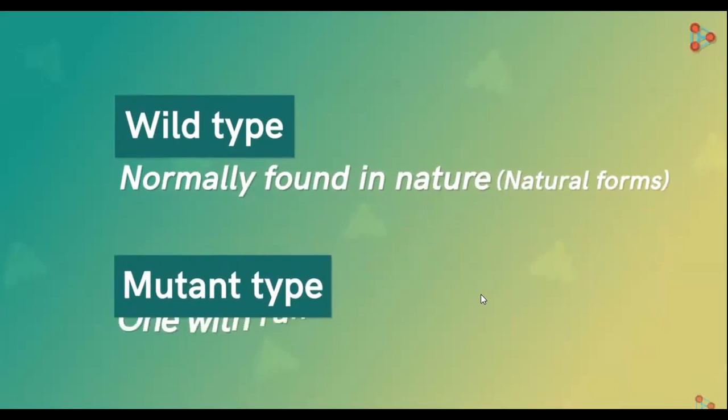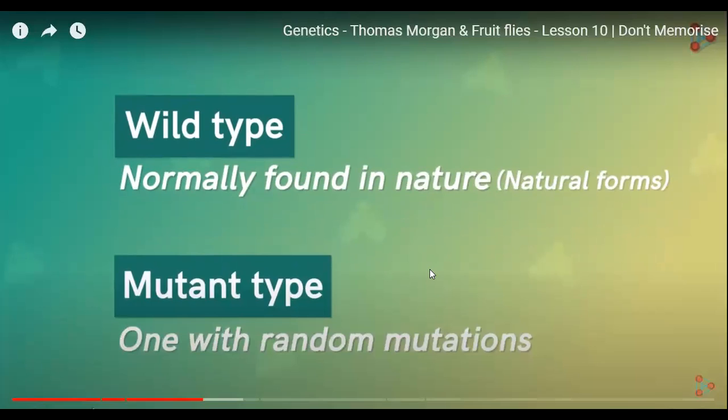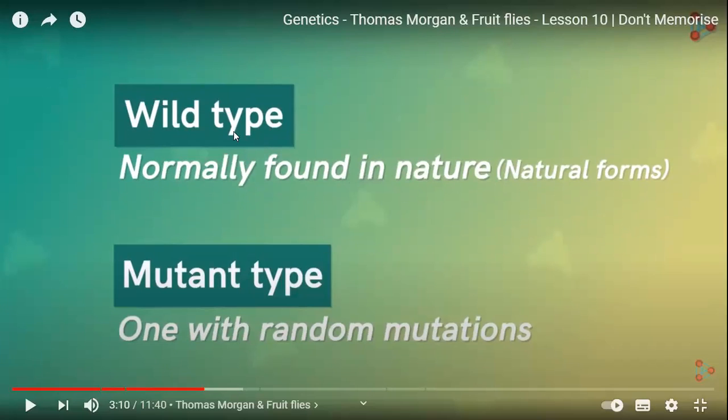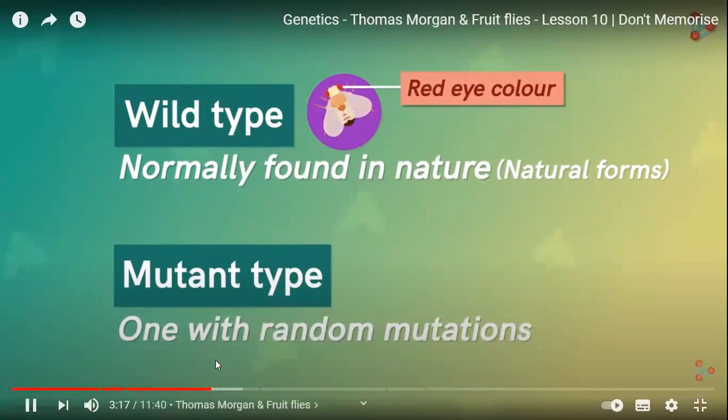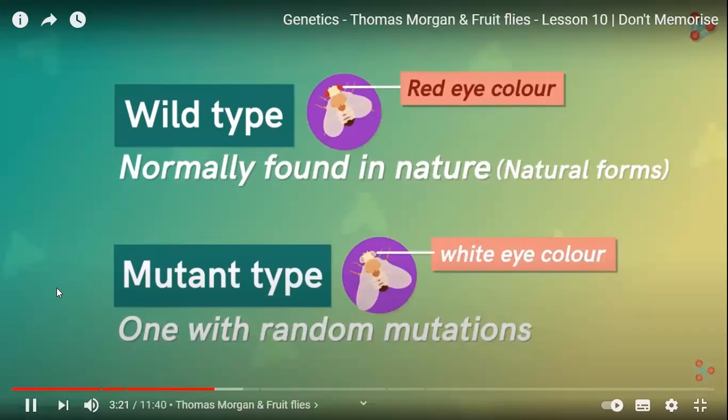So the mutant form means the ones that have undergone some random or unusual change. For example, red eye color is the natural or wild type variety in fruit flies. But the white eye color is a mutant form.